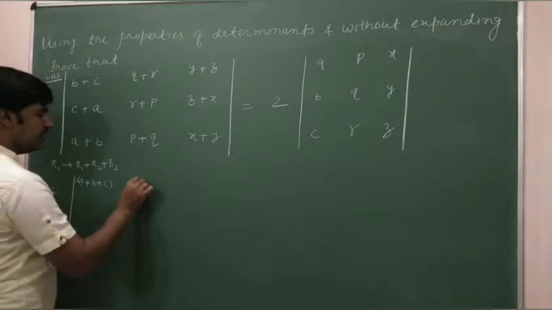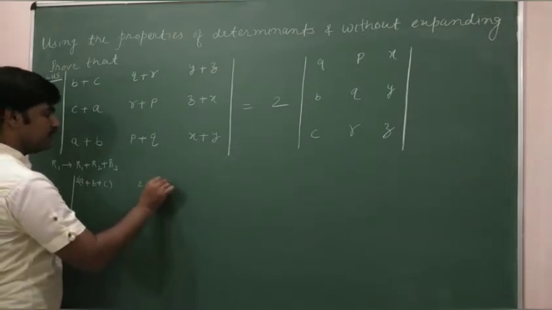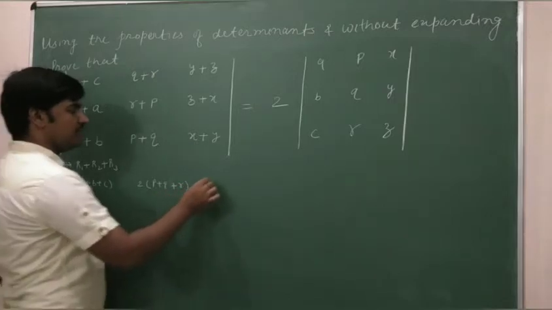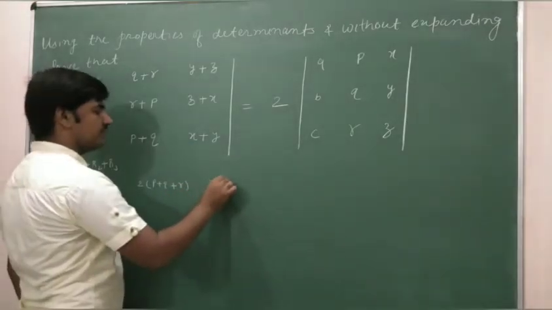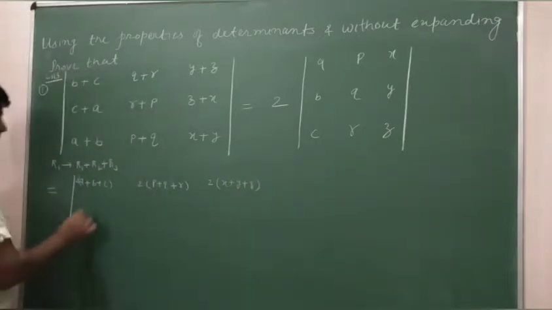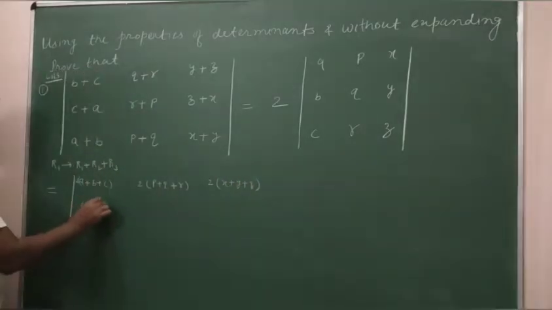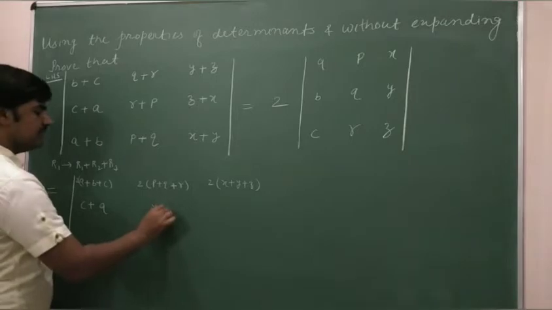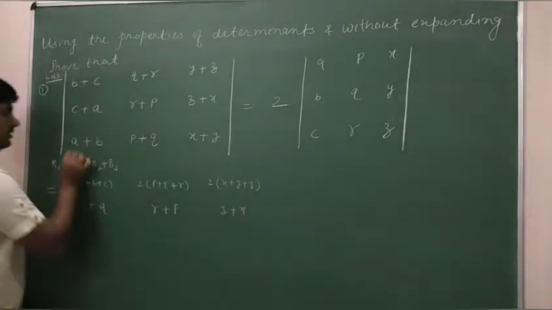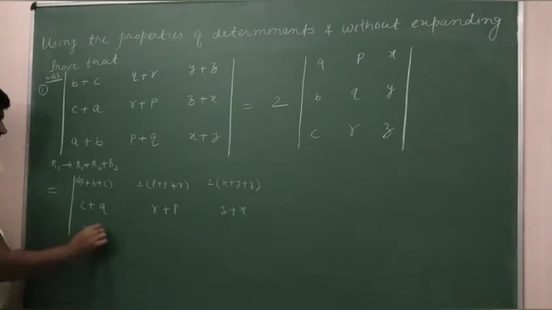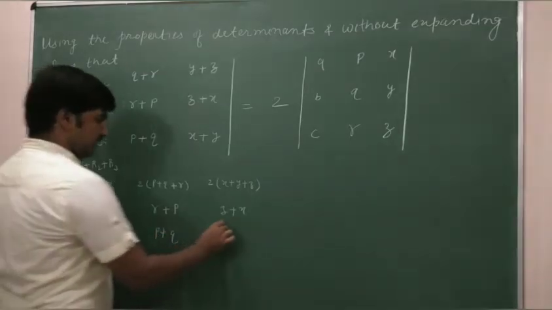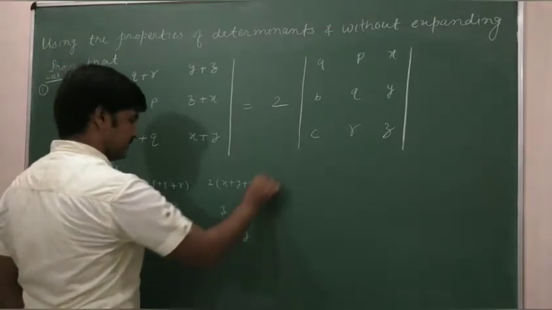Here we will be getting twice of p plus q plus r. Here we will be getting twice of x plus y plus z, and here we will be getting the same c plus a, r plus p, and this is z plus x. These elements are a plus b, p plus q, and x plus y.